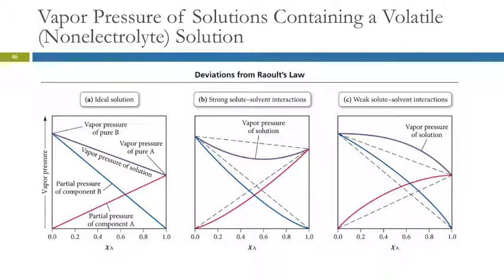If you have something that's maybe polar but doesn't have hydrogen bonding, you may begin to see this behavior where the solute and the water are just trying to get away from each other. It's not so much that they won't mix, but they're not really attracted to each other. You could think of it this way.